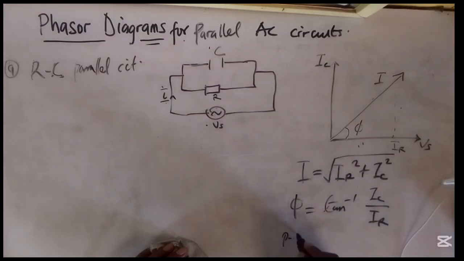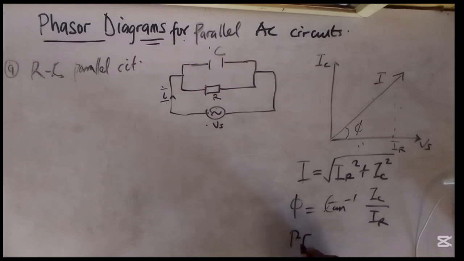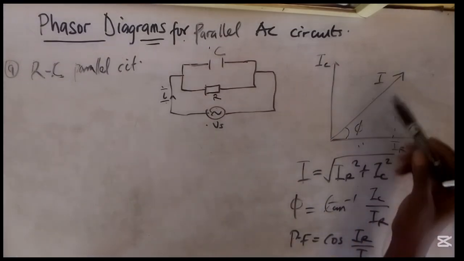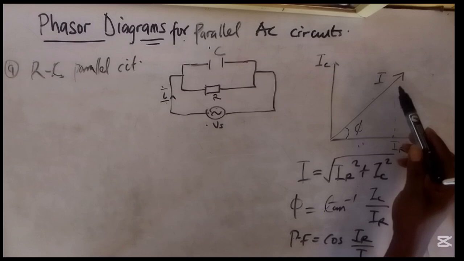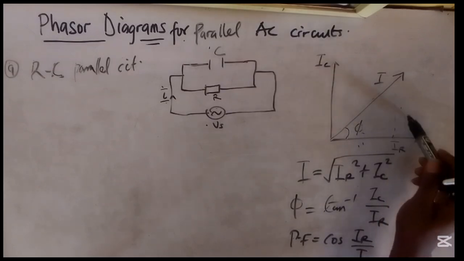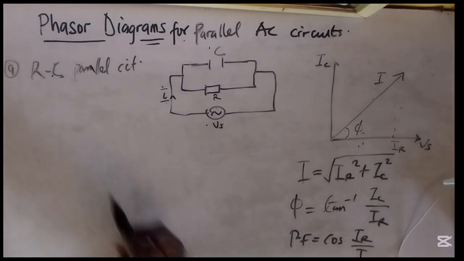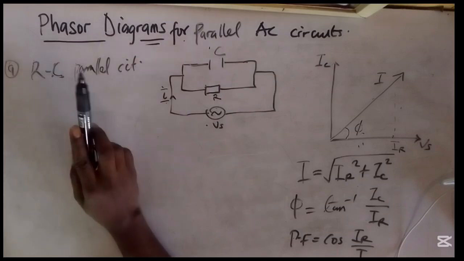The power factor can also be seen as the cos of phi, which is IR all over I. As you can see here, cos phi is the same thing as adjacent over hypotenuse, and that will be the expression for the parallel RC circuit.